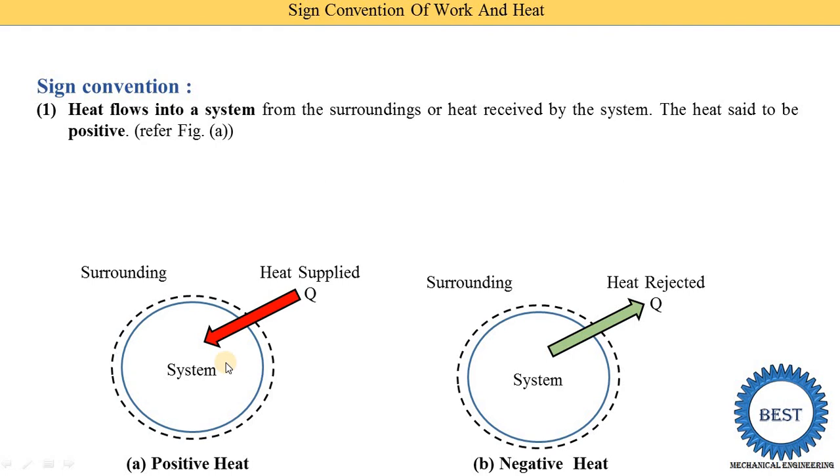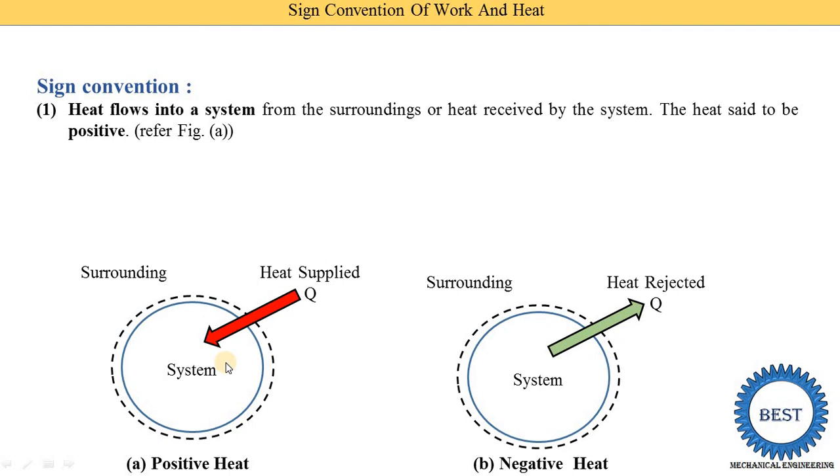Now in a bike we supply the fuel. The combustion of the fuel starts inside the IC engine, that means we supply heat to the IC engine, which is called positive. But at the silencer the heat is rejected to the atmosphere, so when we touch the silencer we feel that it is hot.